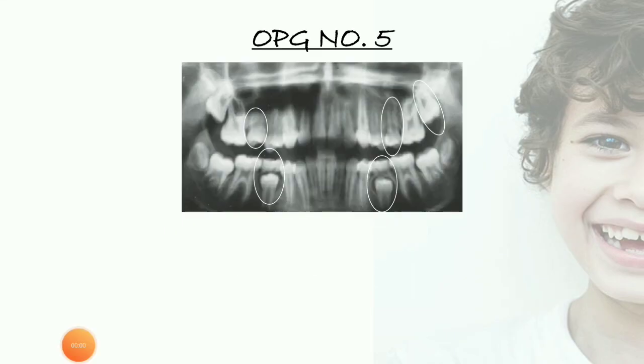I hope it's clear. So coming on to the next OPG, we can see in this one that we already have the maxillary canine, maxillary second premolar and maxillary second molar close to their eruption into the oral cavity.